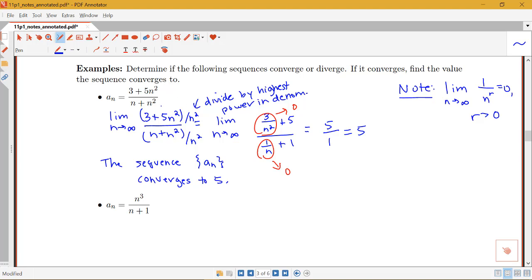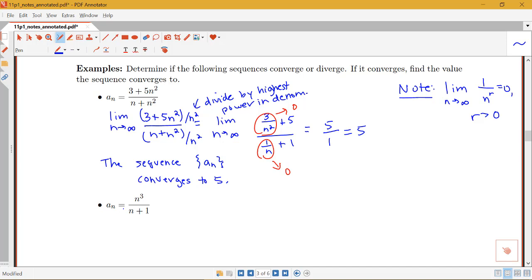My highest power in the numerator was n squared, and my highest power in the denominator is n squared. When that happens, the algebra of dividing by the highest power in the denominator will end up giving you that the limit is just the ratio of the coefficients of those highest power terms. So it would be 5, the coefficient of n squared, over 1, the coefficient of n squared in the denominator. So you can use that shortcut as well in other problems.